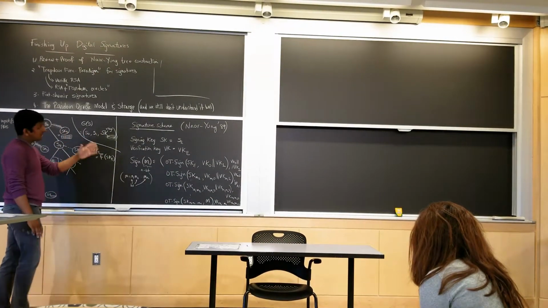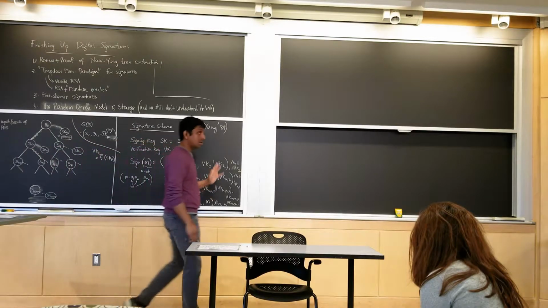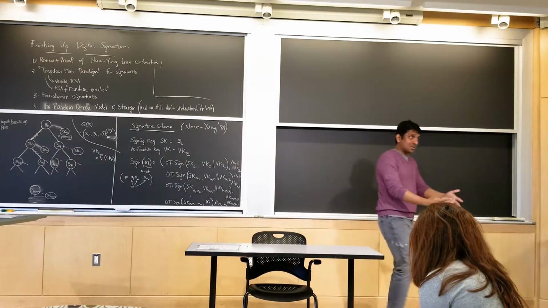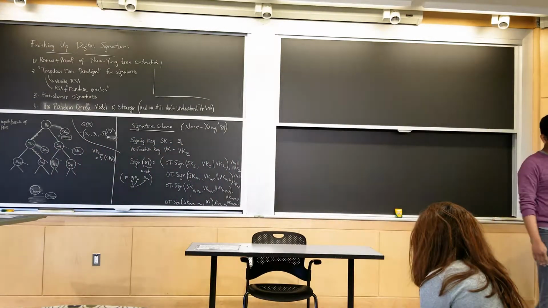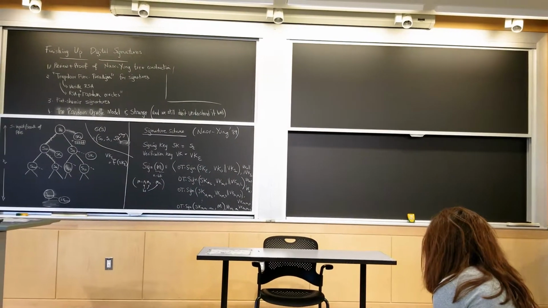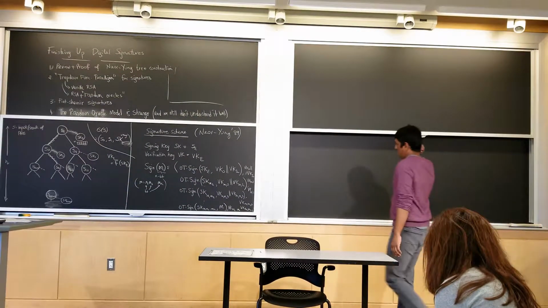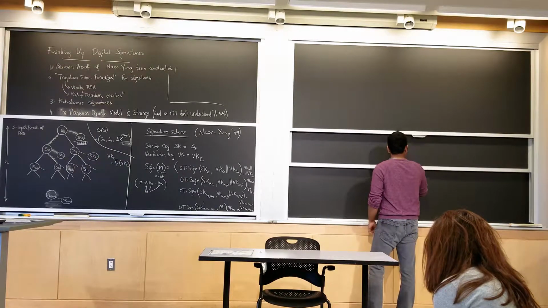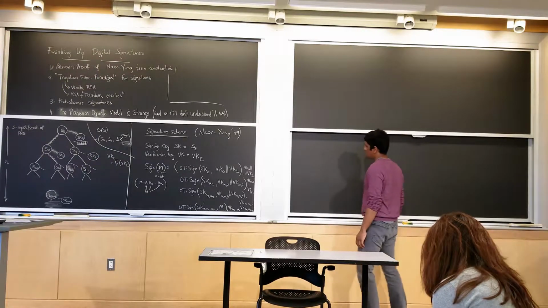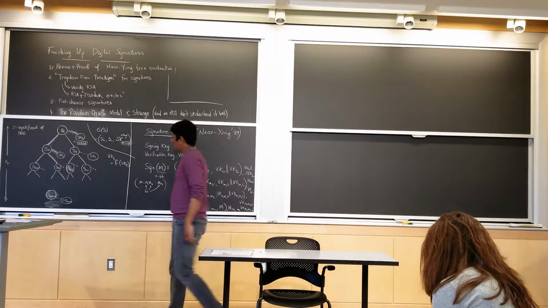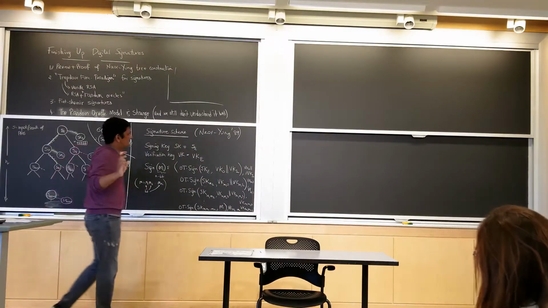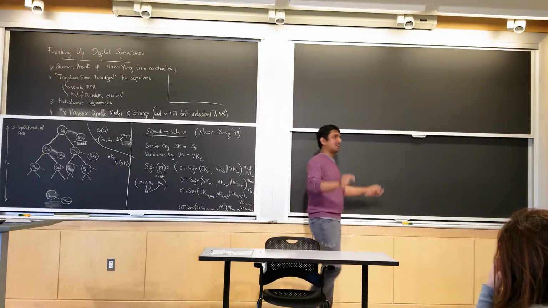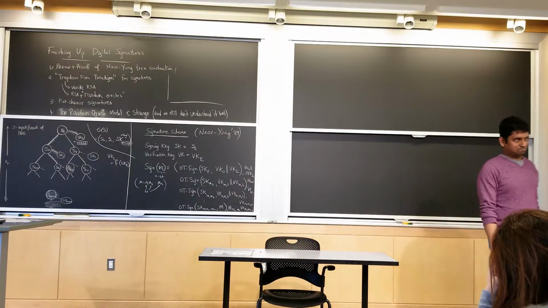So now I want to prove security of this. I want to actually come up with a proof of security. So I won't write down the entire proof, but let me tell you there are really two steps of the proof.